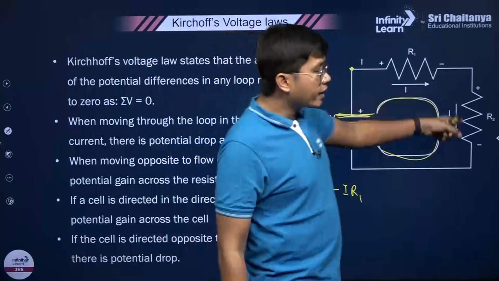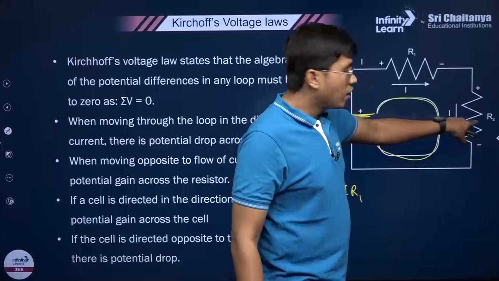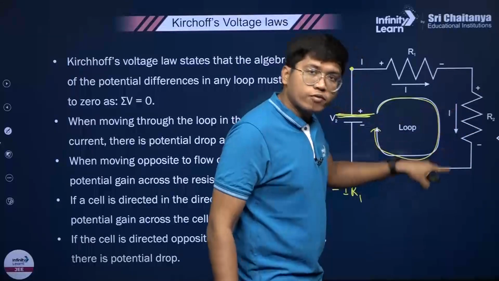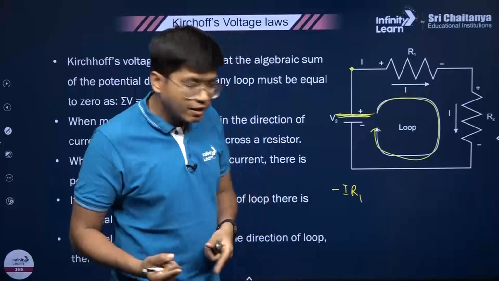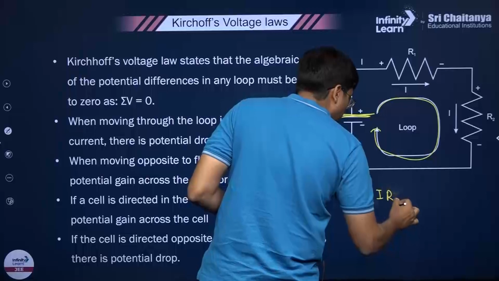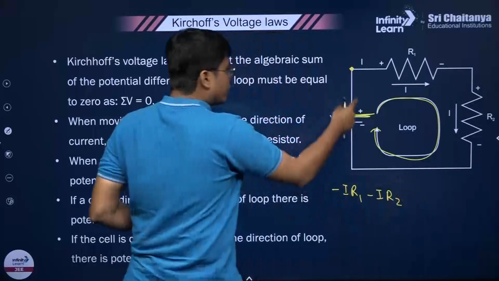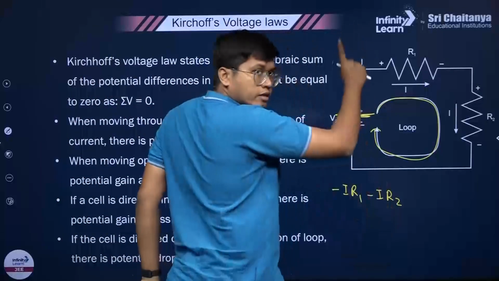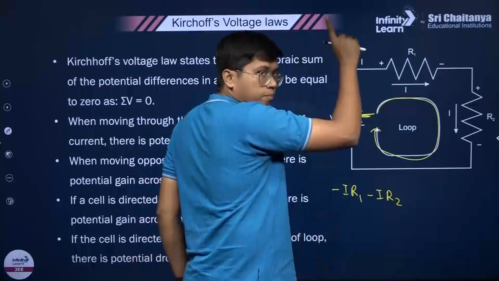Then I go to the second part over here, and again we come to a resistor. Again my loop is moving in the direction of current, which means it will also come with a negative sign. We put that in, minus IR2. Then we arrive at this battery. Now my loop is moving upwards, battery also pointing upwards.